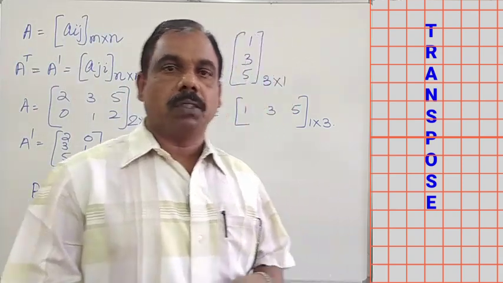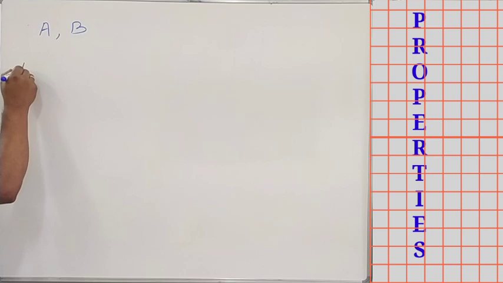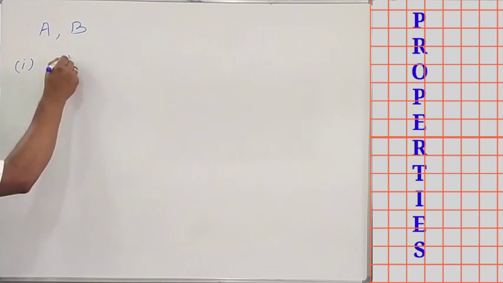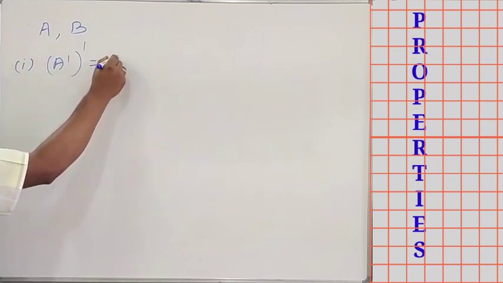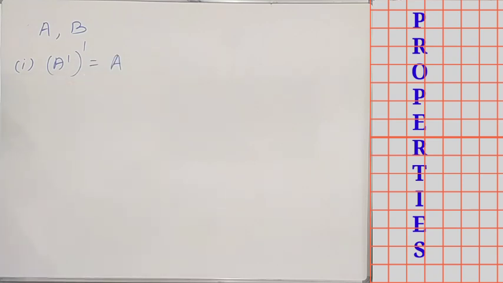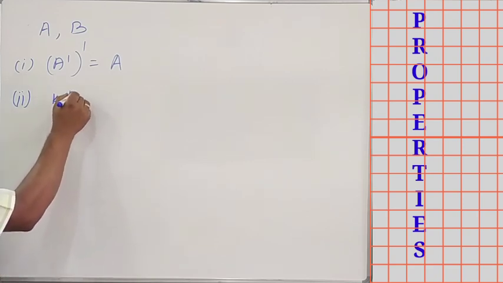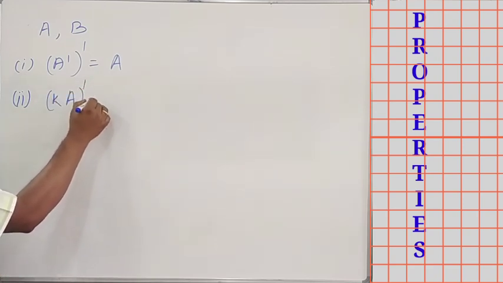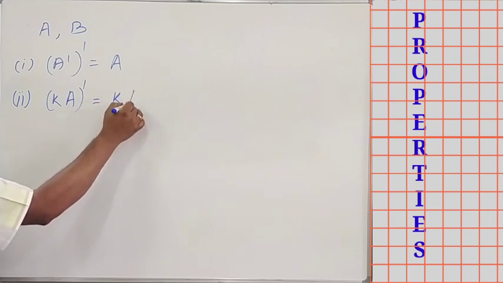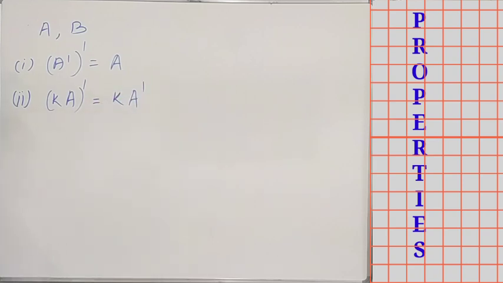Now we see the properties of transpose. The first property, A transpose, whole transpose is equal to A. And for any scalar k, for a real number k, k into A whole transpose is equal to k into A transpose.